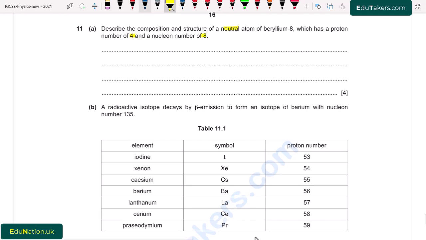So we know that for every atom there is a small nucleus that is surrounded by the electrons. So I write here, it has a very small nucleus surrounded by electrons.